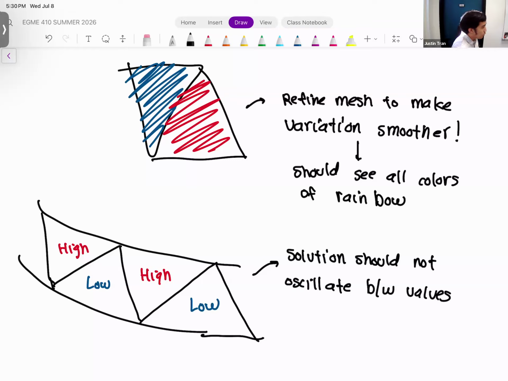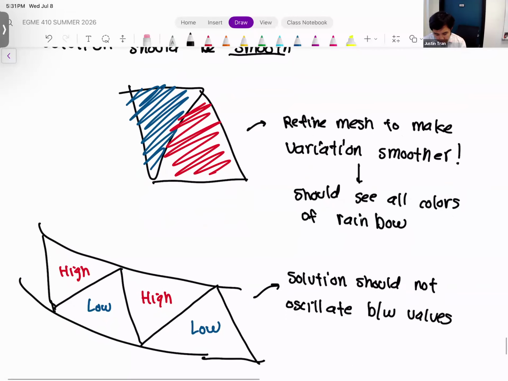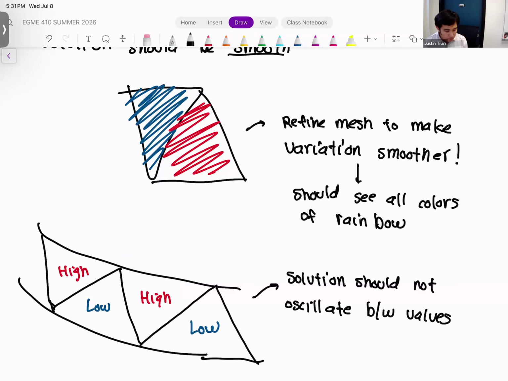That's another indication that you probably need to refine your mesh and get more elements in there to make sure that variation is smooth. Okay. All right. So those are just some back-of-the-napkin, overall sanity checks you can do on your solution results to see whether you need to refine or not.